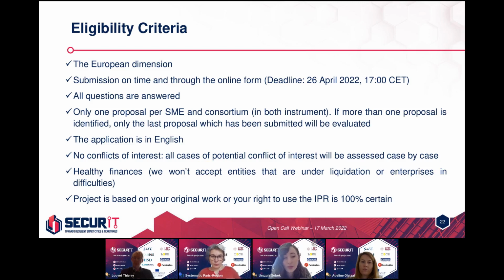Your application must be prepared in English, and you should declare that there is no conflict of interest between you and any other SecurIT consortium partner. Also, you shouldn't be under liquidation, or be defined as an enterprise in difficult situation. And you should have rights to the work or license that you are going to use during the project implementation.